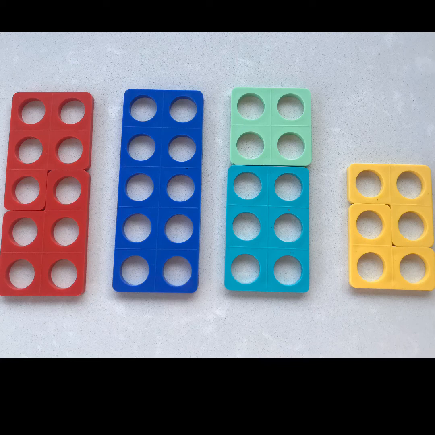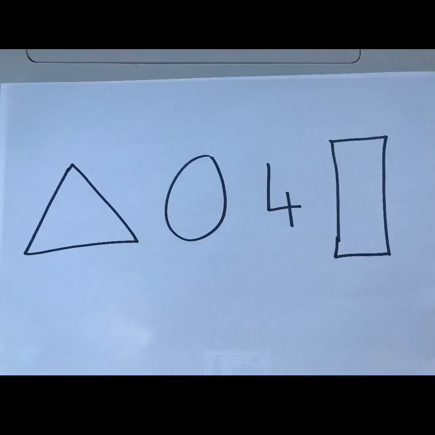Or you could say that the 6 and the 4 are the odd one out because all the rest are one colour. Again, there could be two answers to which one doesn't belong here. As long as your child can give a reason for their answer, that's the skill we're working on, reasoning.